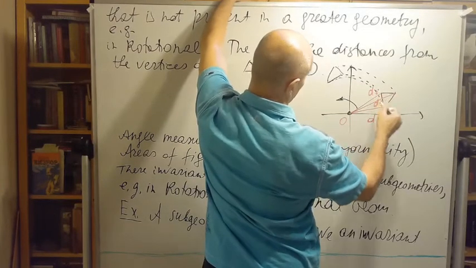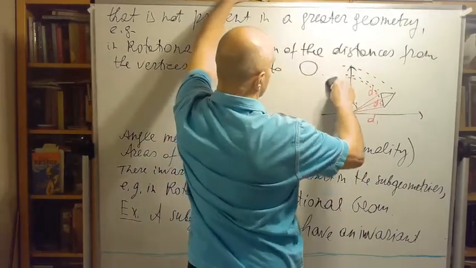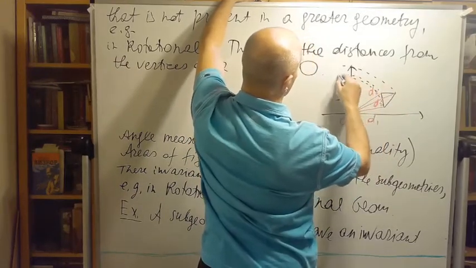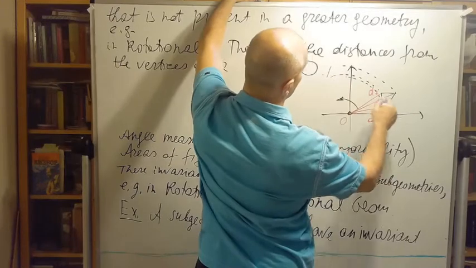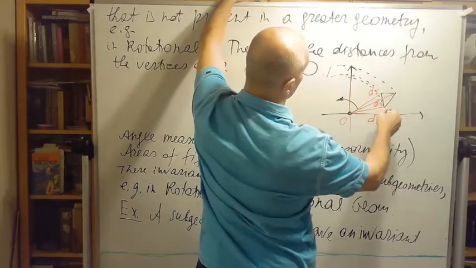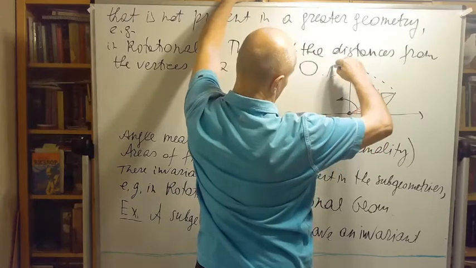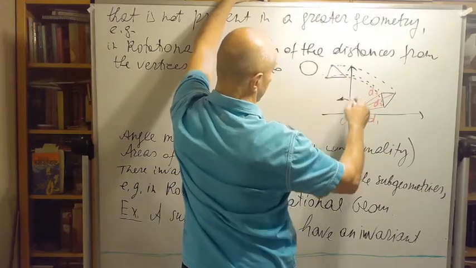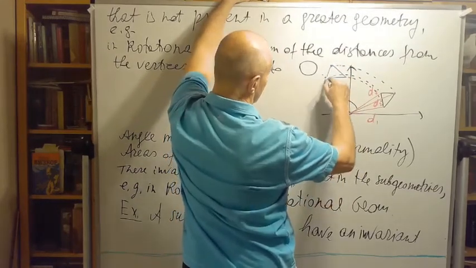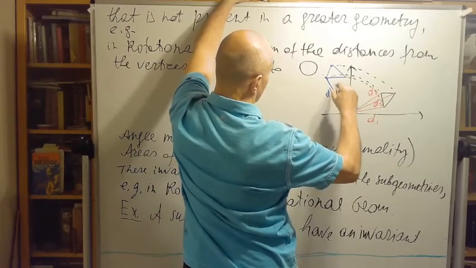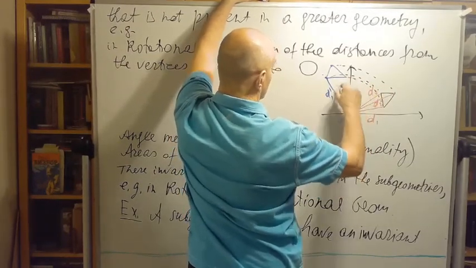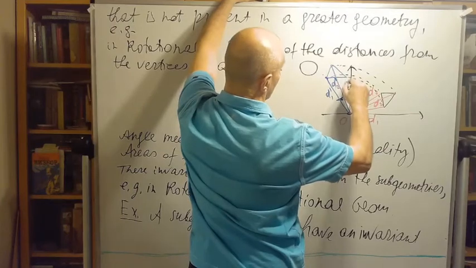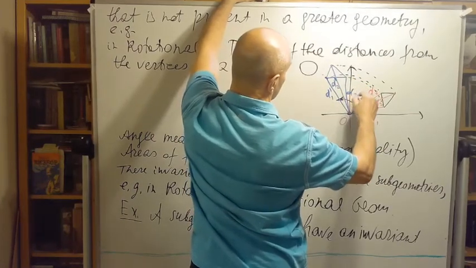So these new distances: distance 1 prime, distance 2 prime, and distance 3 prime.